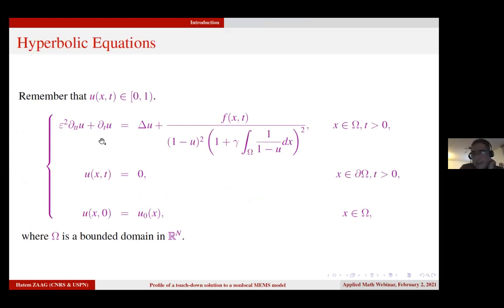Let me think a little bit. So now we will divide this equation by epsilon square. You will recover 1 here, and 1 over epsilon square here and here. If you take a new variable, which is epsilon x, then you will recover the Laplacian, not 1 over epsilon square Laplacian.